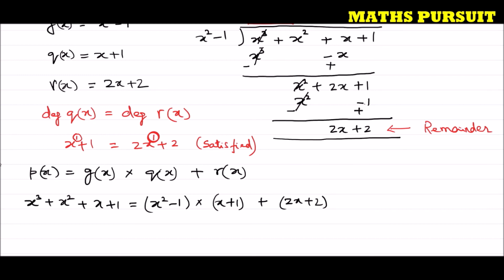Now let us solve this. We have x to the power 3 plus x to the power 2 plus x plus 1 is equal to x to the power 2 into x, which gives x to the power 3, plus x to the power 2, minus x minus 1, plus 2x plus 2. Guys, I'm just solving this equation.